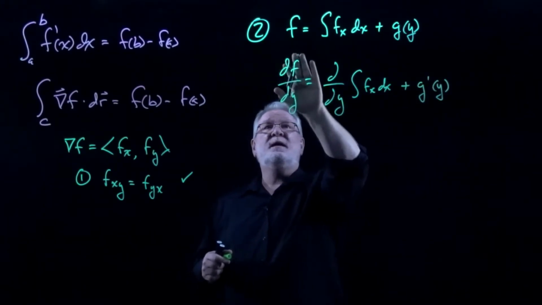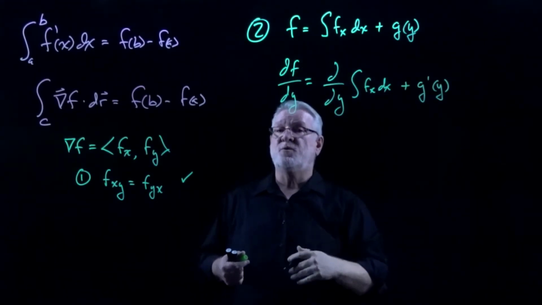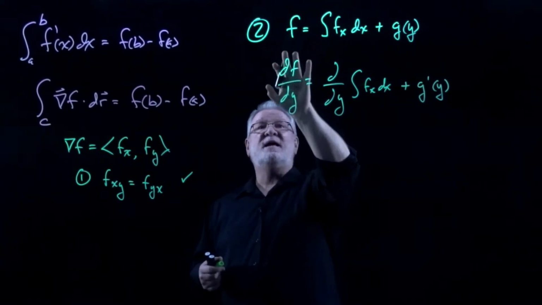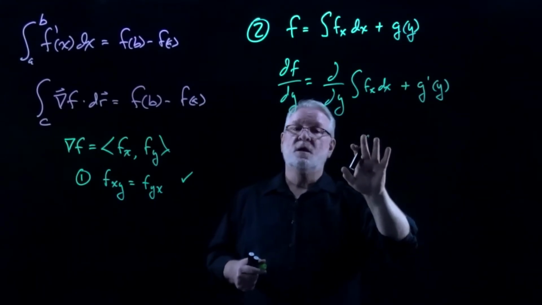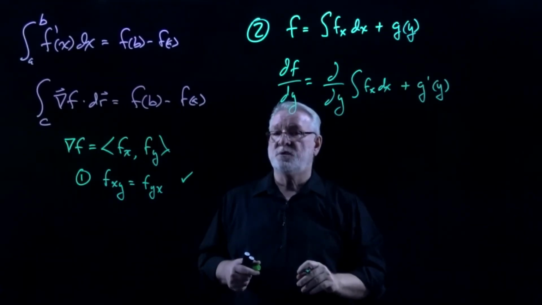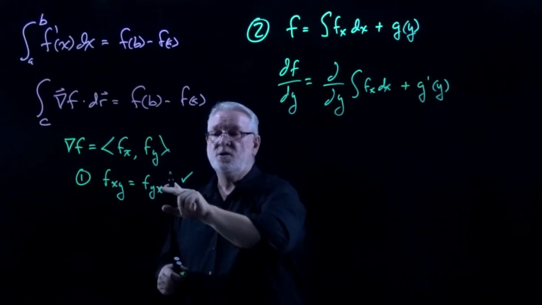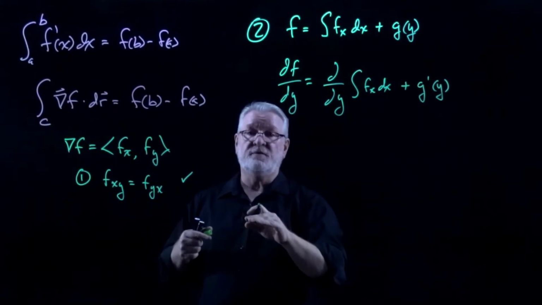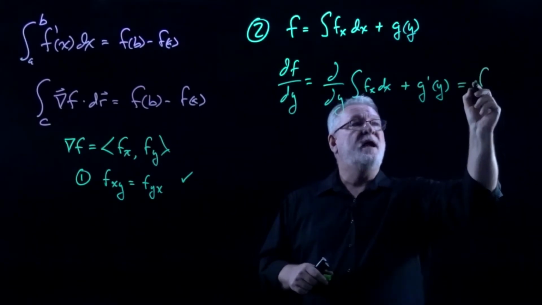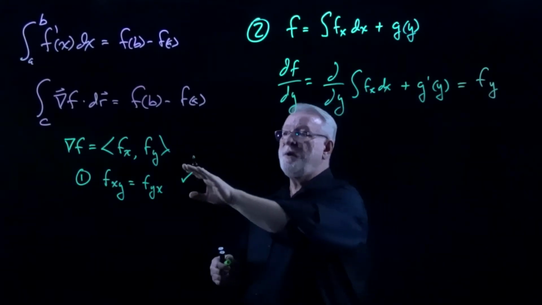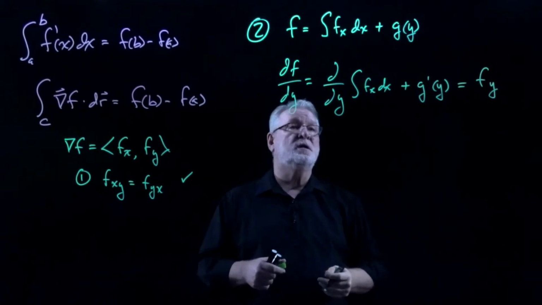So I've formed my potential f by integrating the partial with respect to x, and then I take the answer to that and take the partial with respect to y. Well, the good news is we actually know what the partial with respect to y of this f is. It's sitting right here. So our next step is to do a comparative analysis. I'm going to set this equal to f_y, the partial with respect to y, which was contained in the original integral.